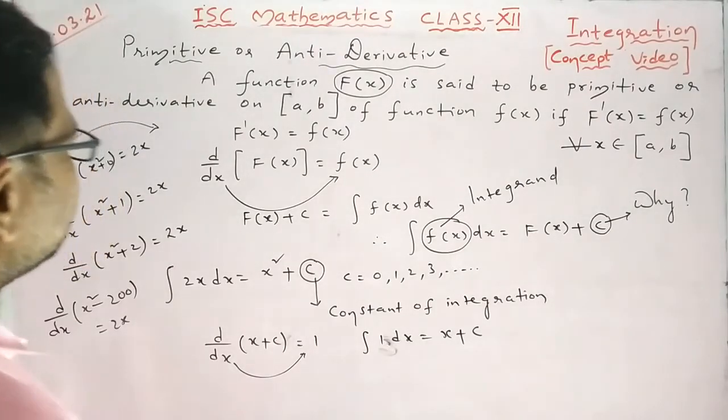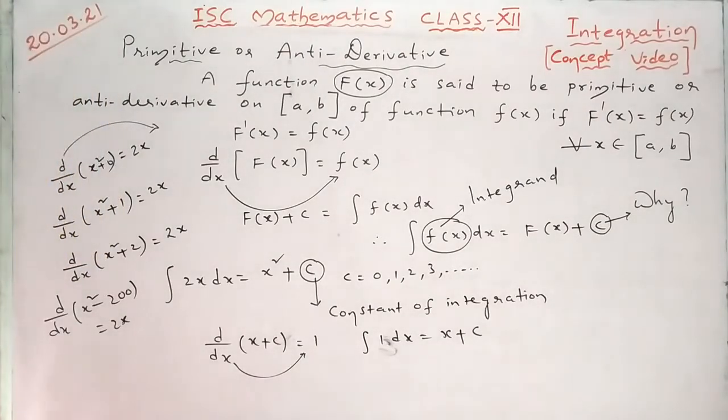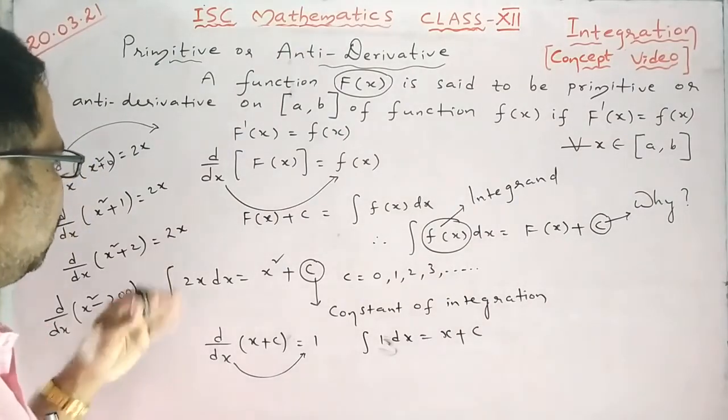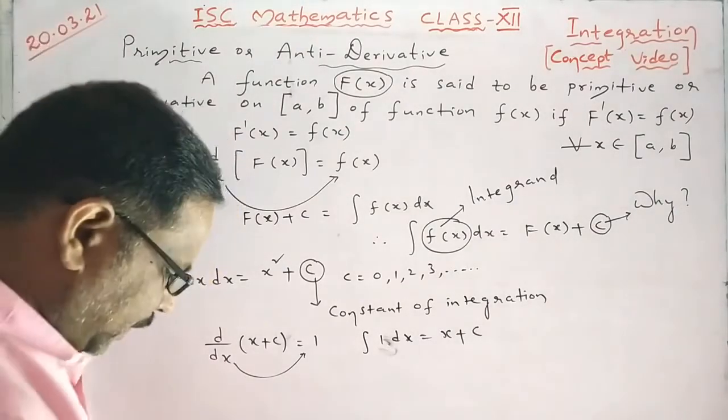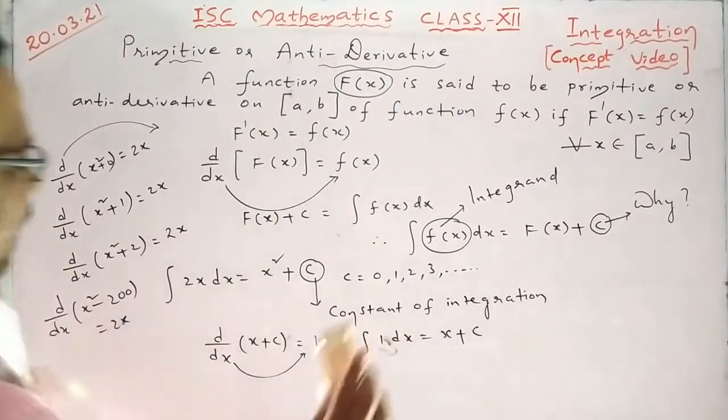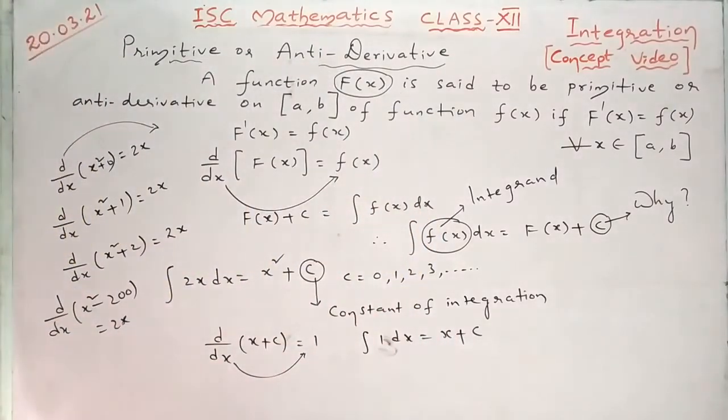Clear? So this is the definition of primitive or antiderivative. We are going to see some standard integration formulas now. Hope it is clear. So why is c kept, a constant of integration? It will not be affected if you take the derivatives.